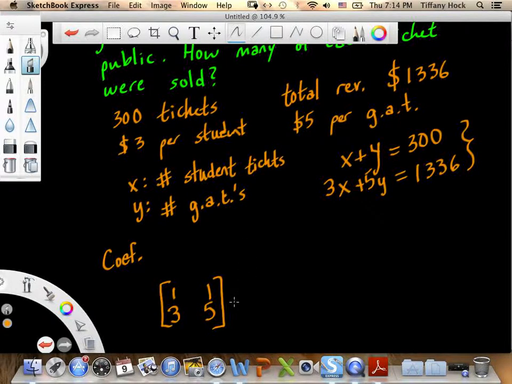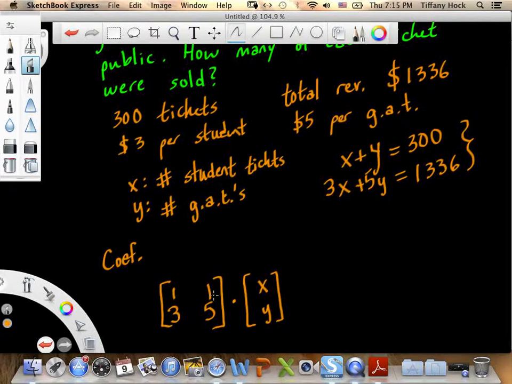Then this is multiplied times the variable matrix. The variable matrix is made up of my two variables, x and y. Notice we put these as a single column. Your variables have to be in a column matrix because we need to have two rows in this one to go with the 2 columns here, because remember when we go to multiply, the first matrix is multiplied across, and the second matrix is multiplied down.